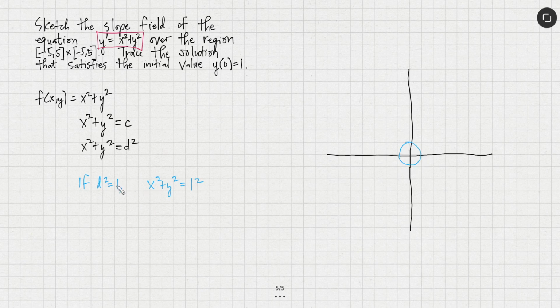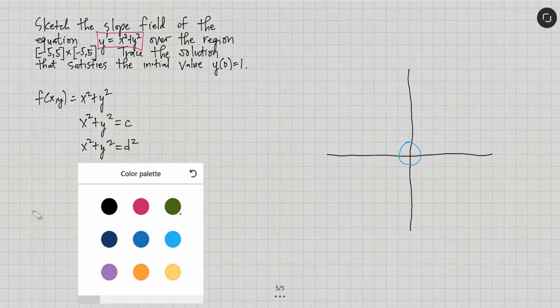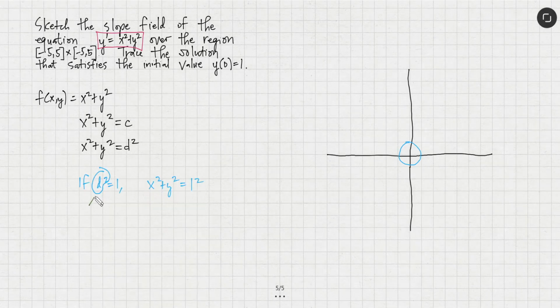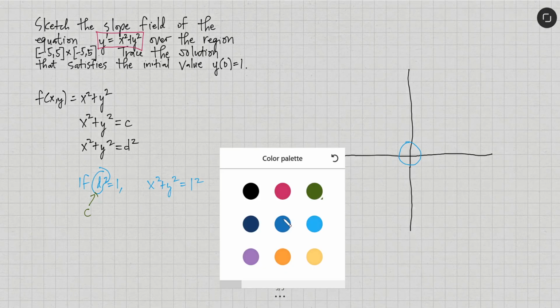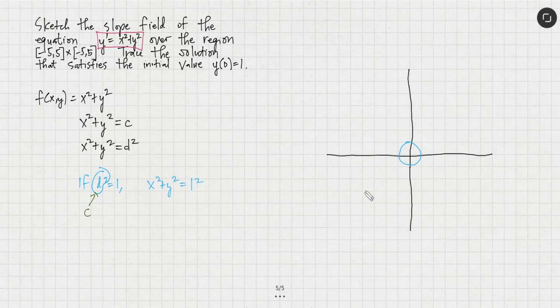So, ang ginagawa natin dito, yung mga values of c na ginagamit natin ay mga perfect square. Kaya d squared siya. So, itong d squared ngayon yung value yung pinaka-c natin. So, ano nga yung consequence niyan? Well, ibig sabihin nito, yung mga tangent lines that lie on this circle will have slope d squared which is equal to 1. So, 1 yung mga slope nila dito.